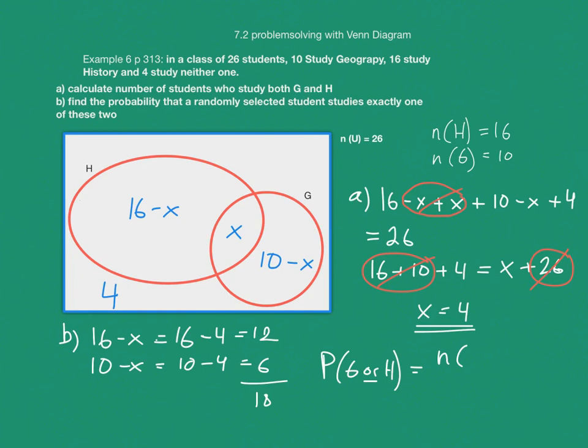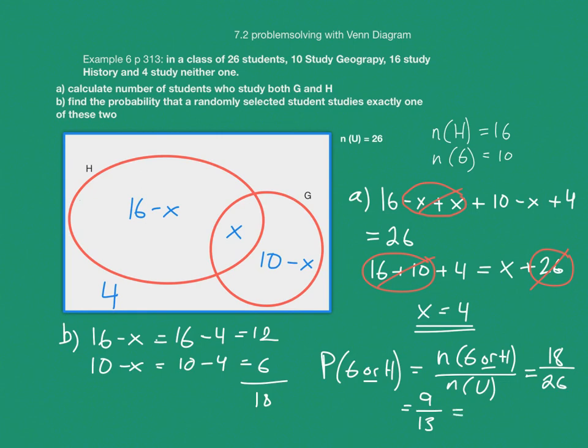All right, yeah, sorry. Of course, what I meant to write was the number of students in the set G or H divided by the number of students in the universal set, which is 18 divided by 26, which happens to be the same as, let's see, 9 divided by 13.